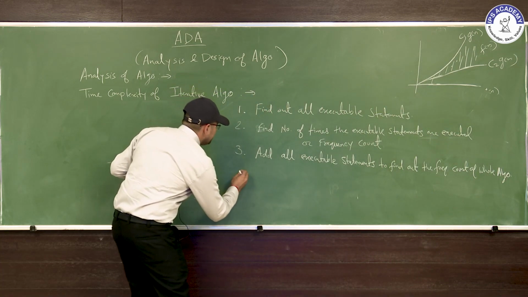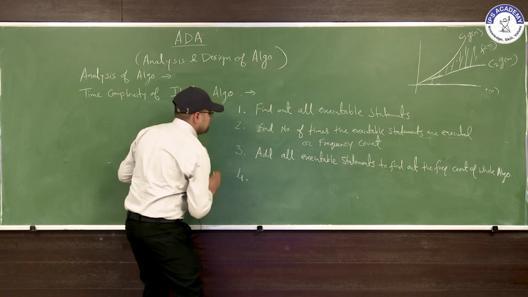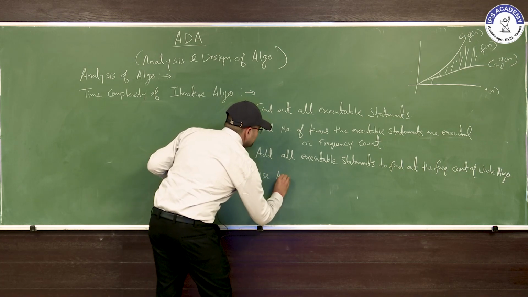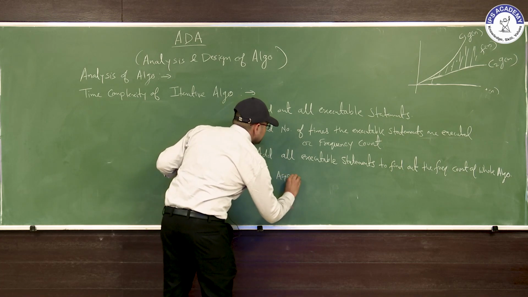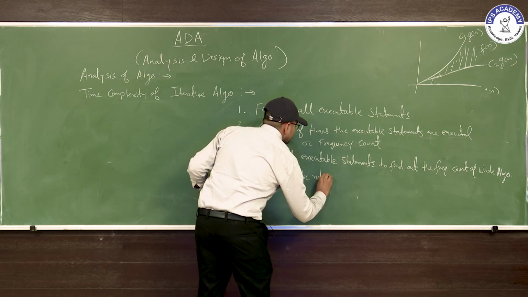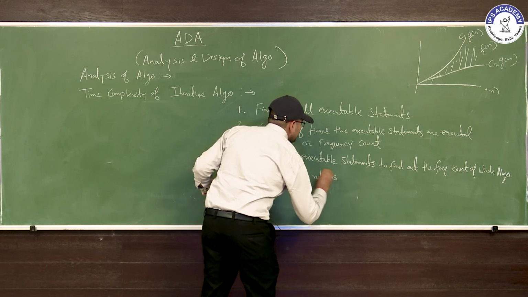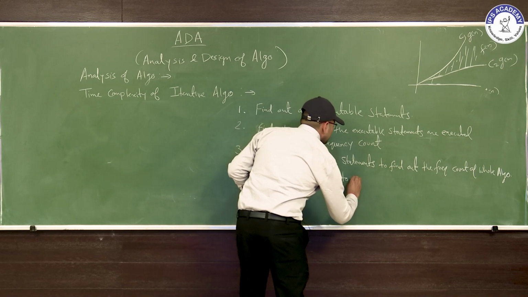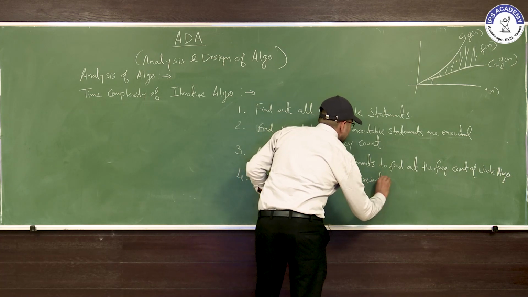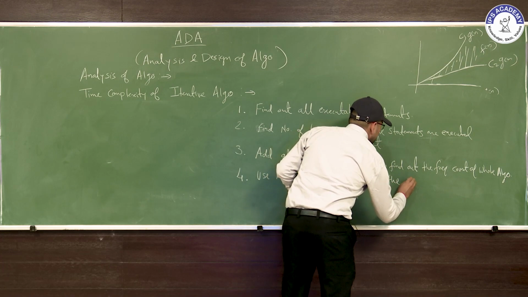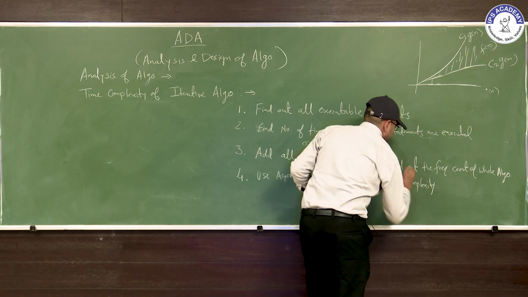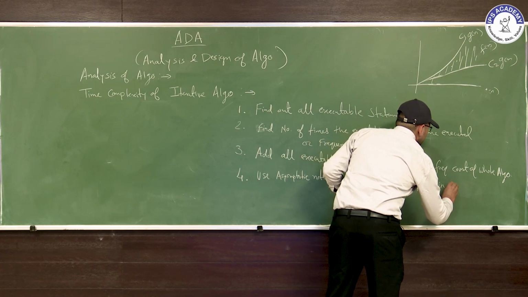And the last step is use asymptotic notations to represent the complexity in single term polynomial.